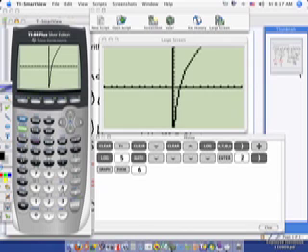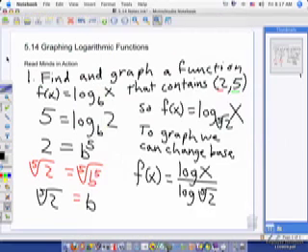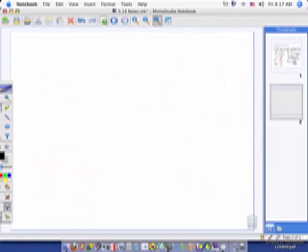So let's see. Now, the next one, I'm going to give you one where we're going to find the solution both algebraically, and then we're going to check it with a graph.